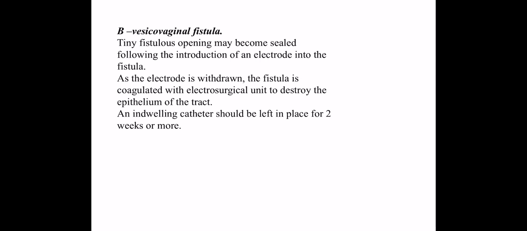If we do de-epithelialization, we just burn the fistula if it is small, and we ensure drainage of the urinary bladder, this fistula may heal and seal. As the electrode is withdrawn, the fistula is coagulated with an electrosurgical unit to destroy the epithelium of the tract, and an indwelling catheter is placed for 2 weeks or more.